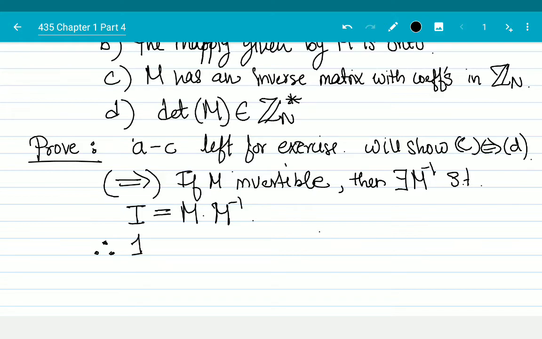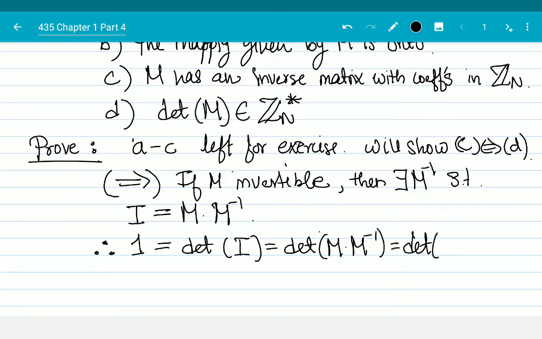The determinant of the identity, which is one, is equal to the determinant of M times M inverse, which is equal to determinant of M times determinant of M inverse.